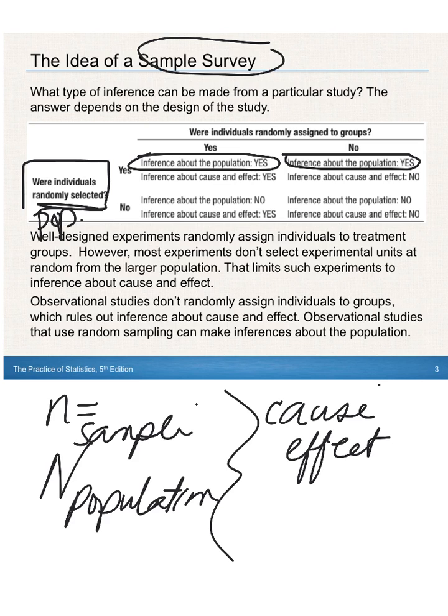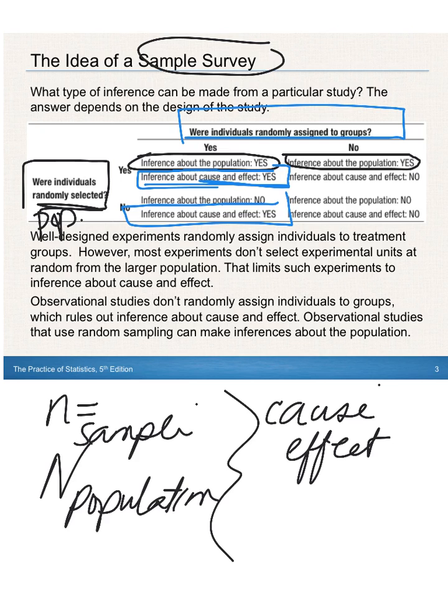The next thing we're going to look at is, were the individuals who were in either the observational study or the experiment randomly assigned to groups? And if they were randomly assigned to groups, then we can infer cause and effect, because that randomization allows us to even out the groups and mitigate some of the factors, the confounding variables, that might get in the way of us being able to infer cause and effect.